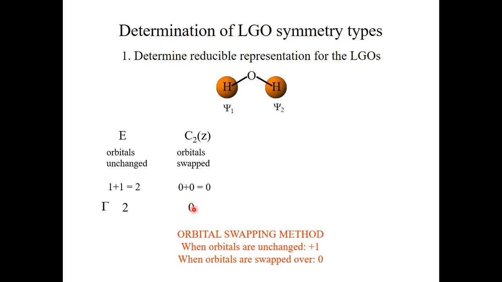So the next symmetry operation is the sigma xz reflection operation. So the sigma xz mirror plane lies within the plane of the molecule. So as we carry out the symmetry operation, do the orbitals get swapped or not? Can anybody tell me?